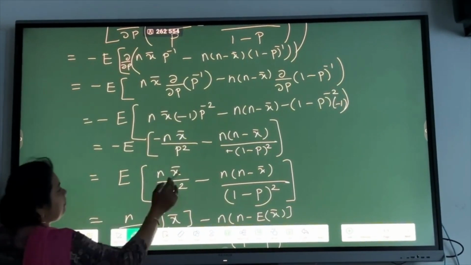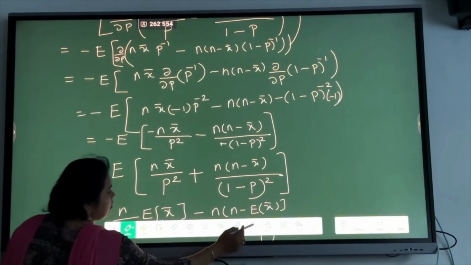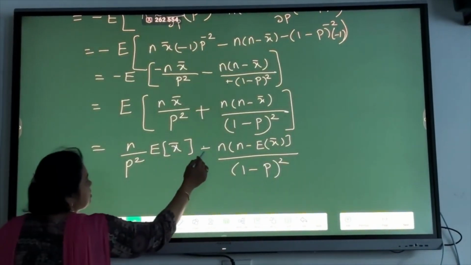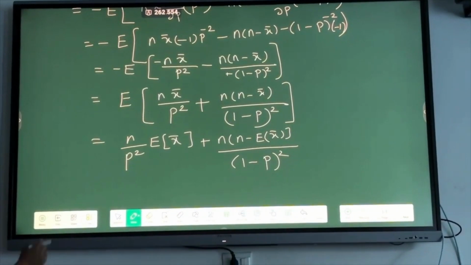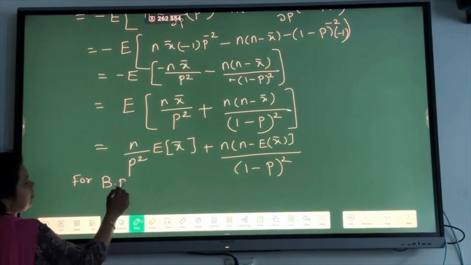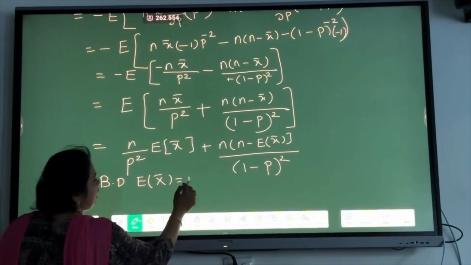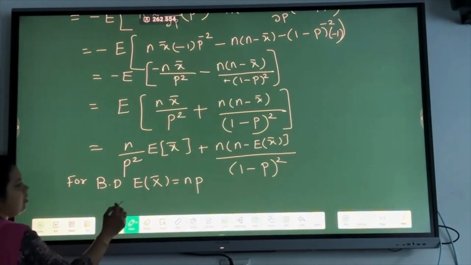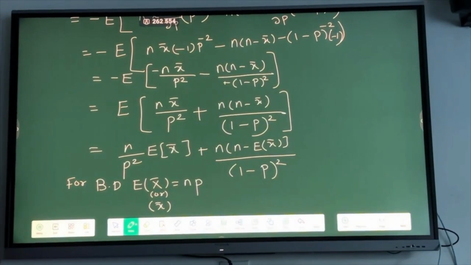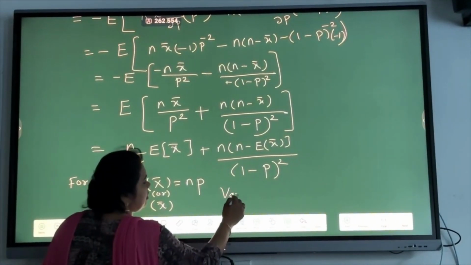Now when you multiply minus inside, you get plus, and here also you get the term as plus. So you know that for binomial distribution, expectation of x is np, or instead of x you can write x bar also, and variance is npq.